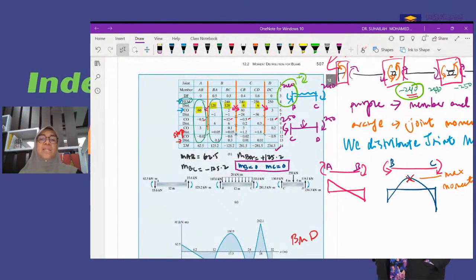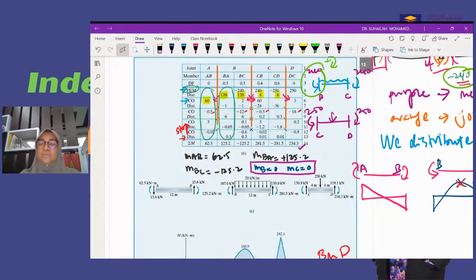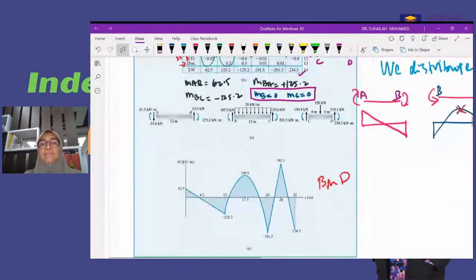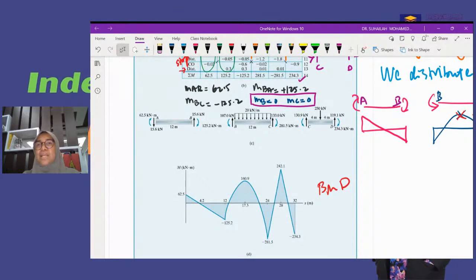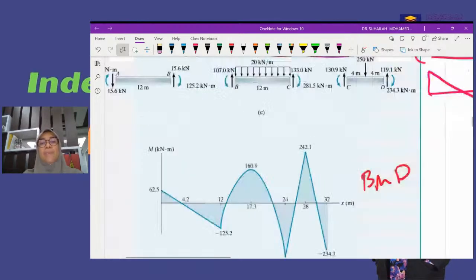Basically this is all about the moment distribution method, analysis of beam. This is very simple, very straightforward. Both A and D are fixed, so this is the process. Finally we can plot the bending moment diagram.